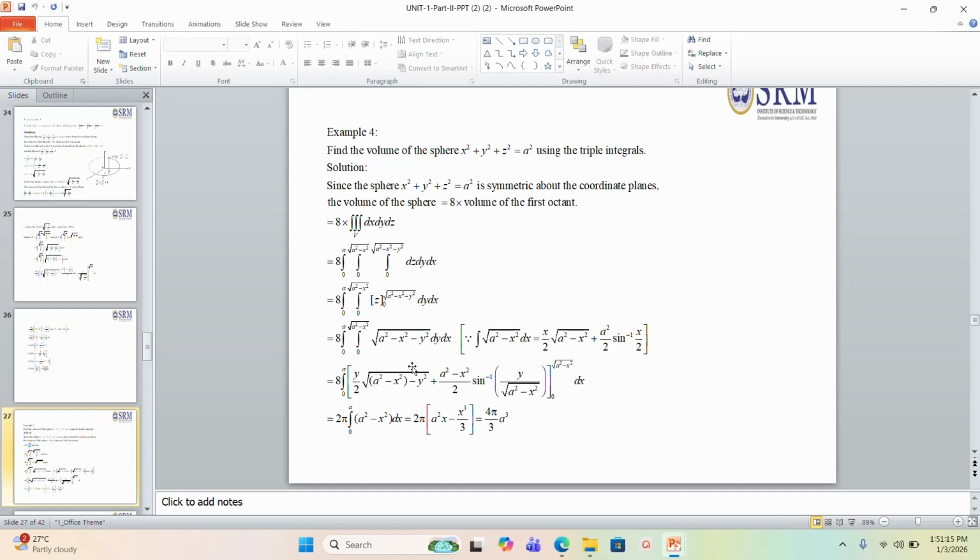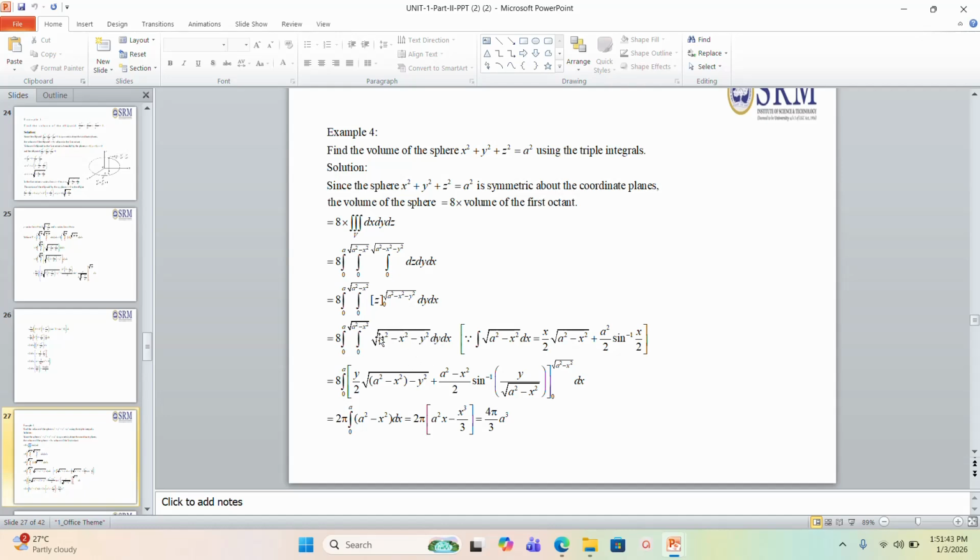Now as the direct formula, integral of root of a square minus x square dx is equal to x by 2 into root of a square minus x square plus a square by 2 into sine inverse of x by a. Now here, instead of a square we have a square minus x square, so we can apply the formula.